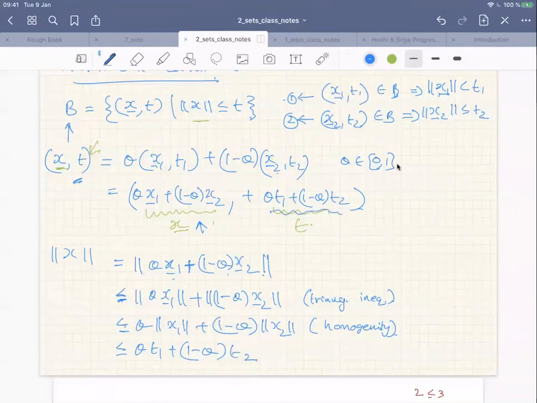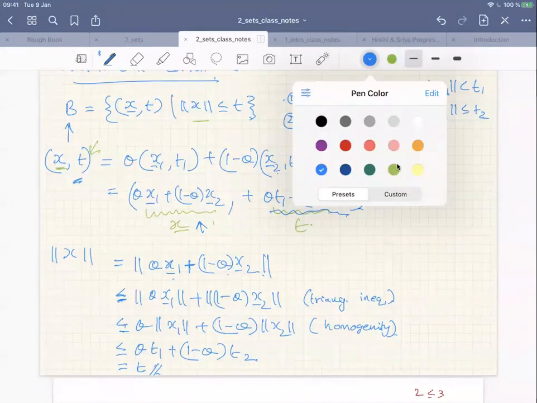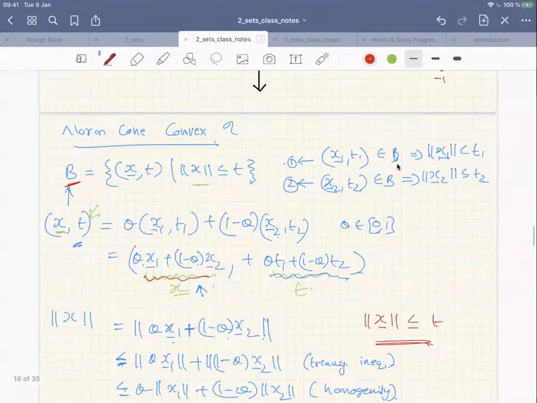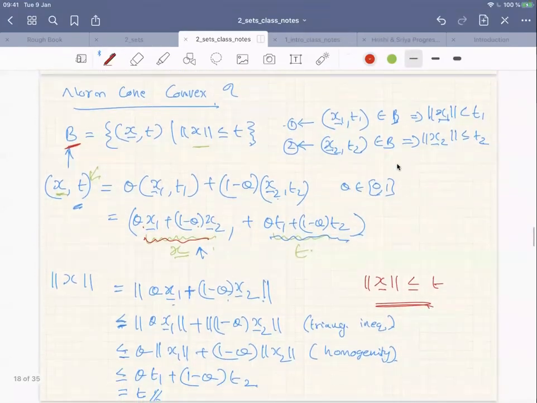This is equal to t. All right, so we proved that x, which was a convex combination of x1 and x2, satisfies this inequality, and hence x is a part of the set B, and hence norm cones are convex.